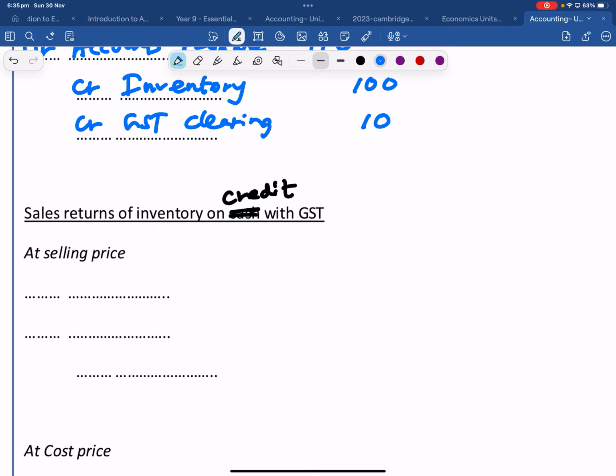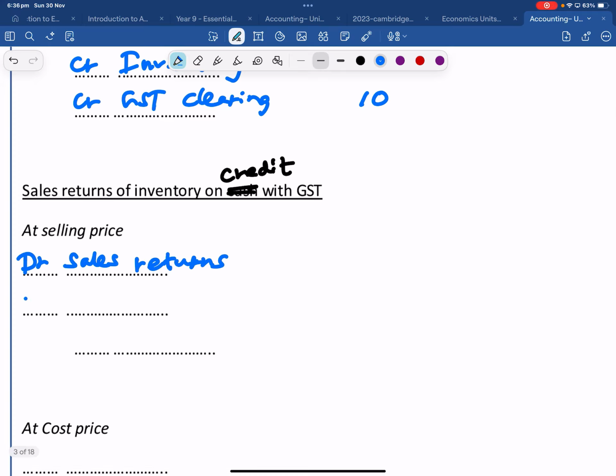Okay? Except one change. What is it? Instead of reversing the sales, we will have a new ledger account. Debit sales returns. Yes, very good. Okay, that's a theory question actually: why do we have a separate ledger account for sales returns?